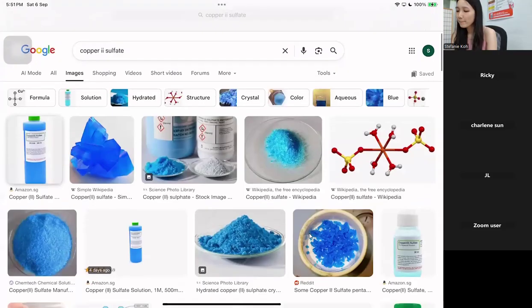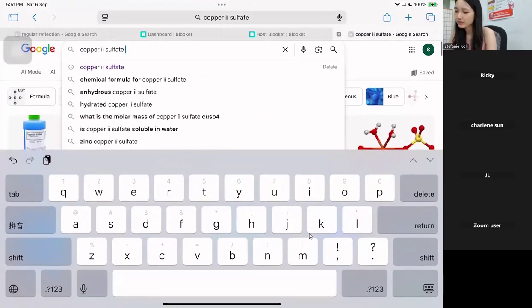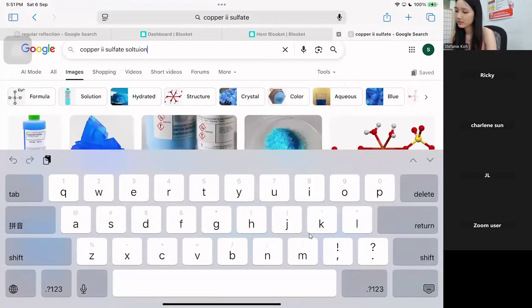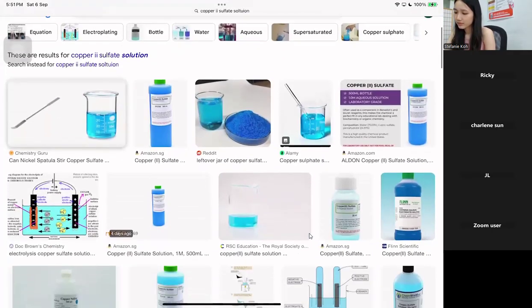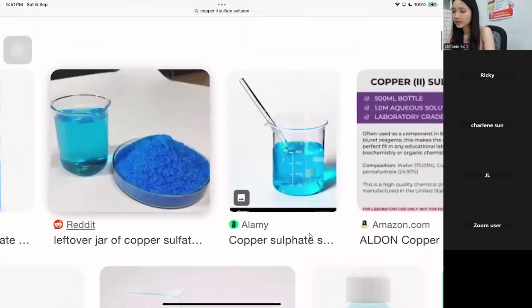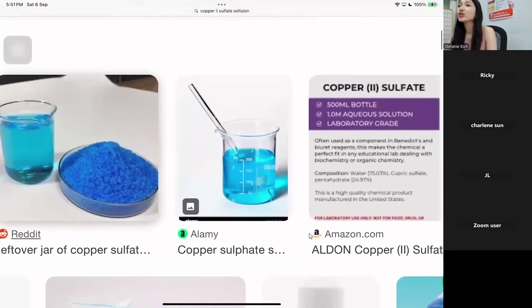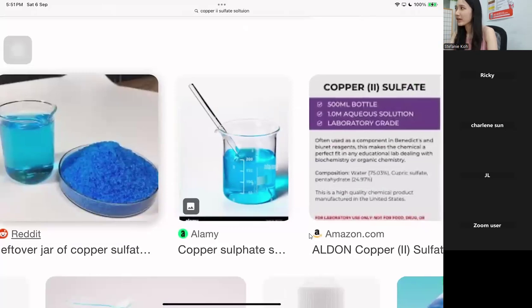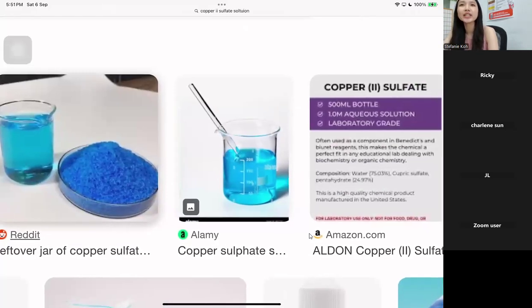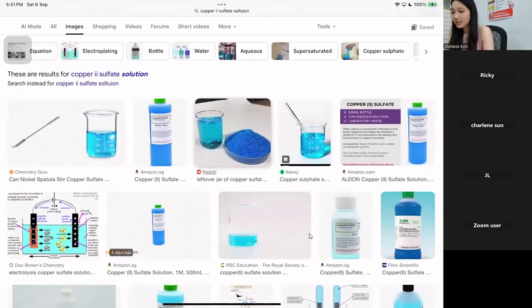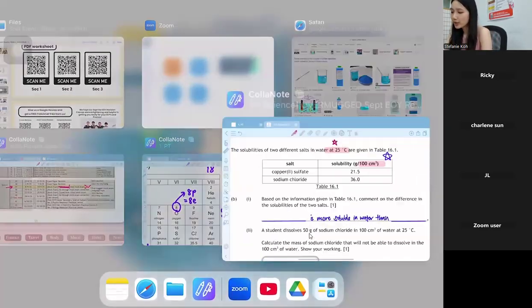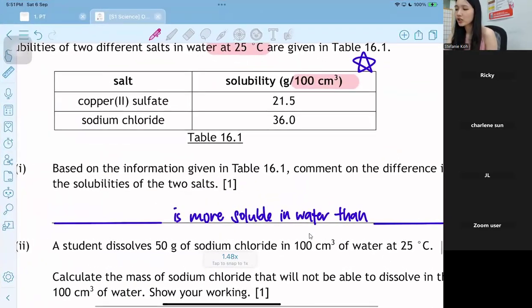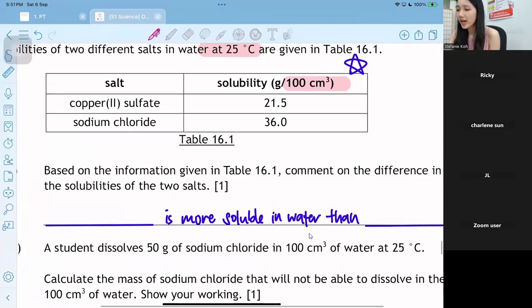It's a uniform blue solution. Okay, it looks like this. It's uniform. You don't see any murky, whatever. The light can pass through fully. It is a solution.